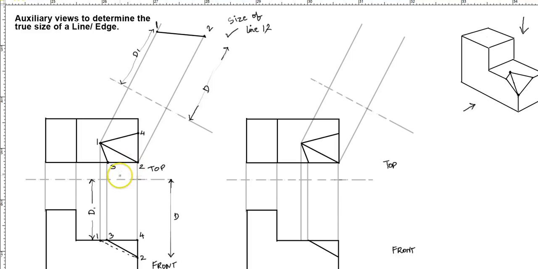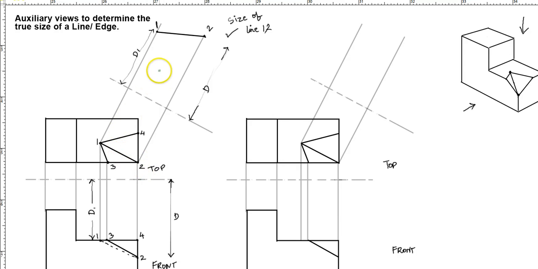Because again, in the top view you don't have the true size, in the front view you don't have the true size. If I were to make a side view, obviously it wouldn't be a true size. Now why it wouldn't be a true size? Remember, because of foreshortening. So the only way to do that is we have to find the angle that we want to make the auxiliary view for.